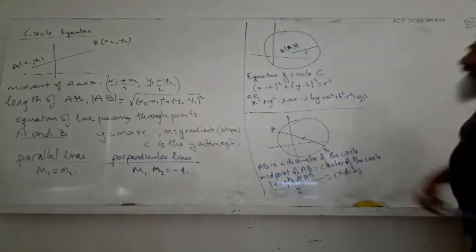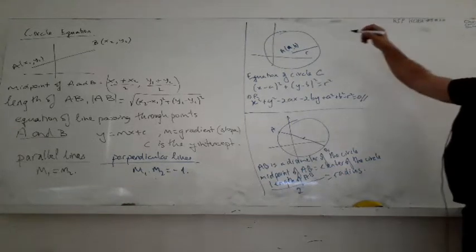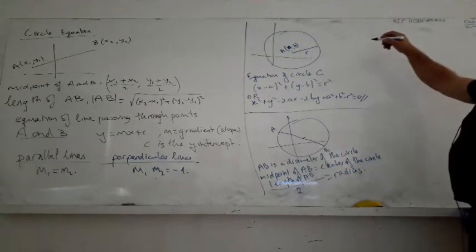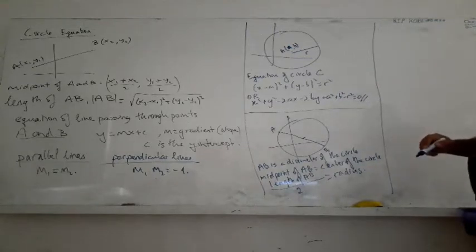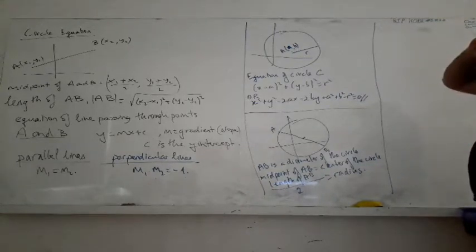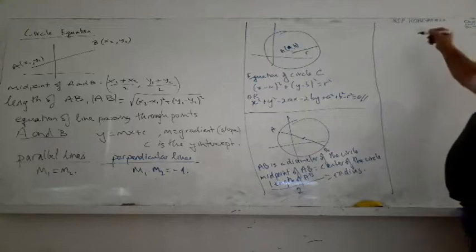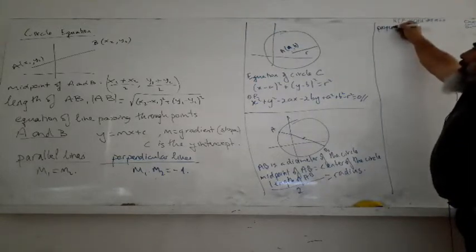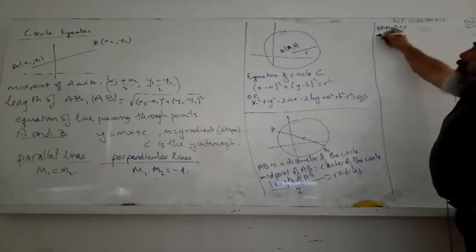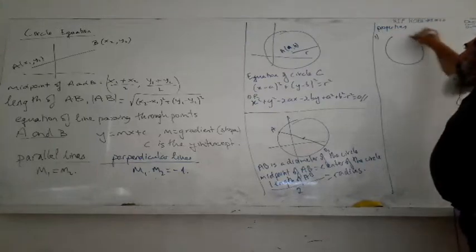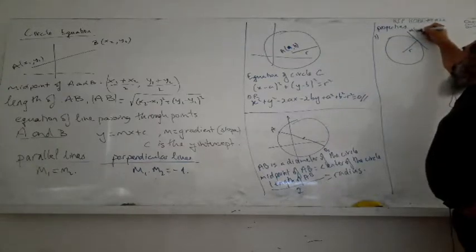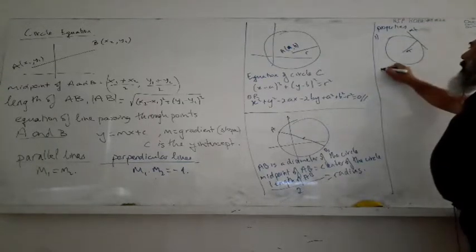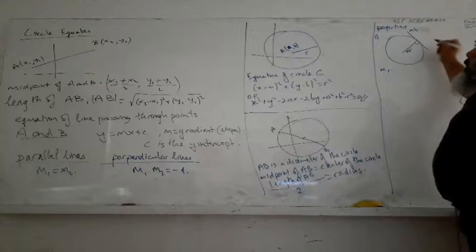And let's talk about some of the properties of the circle. The first one is the gradient of the radius times the gradient of the tangent, because they are perpendicular to each other, is -1.